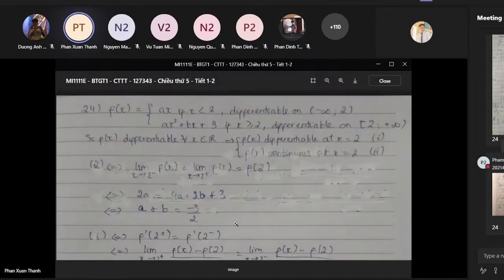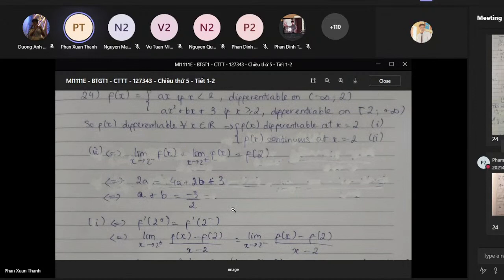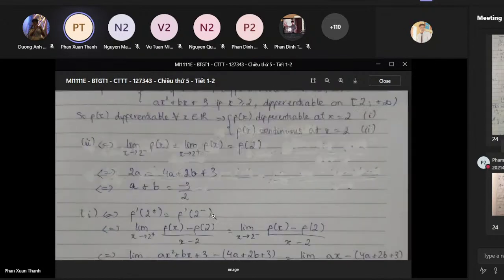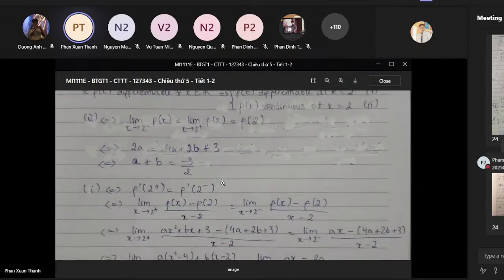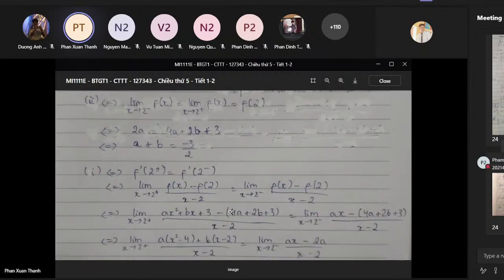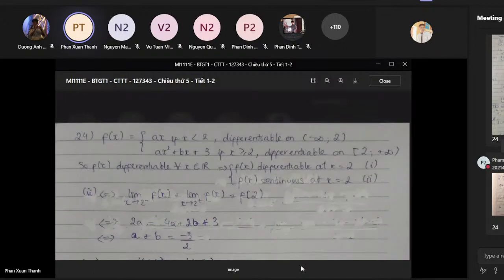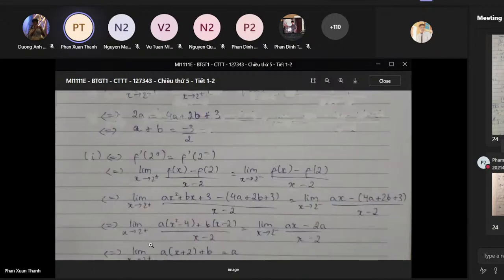f at 2 equals 4a plus b. Okay, this is correct. Let me check this one, 3 minus 4a. Okay, that's correct here.